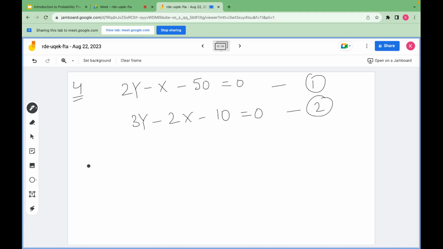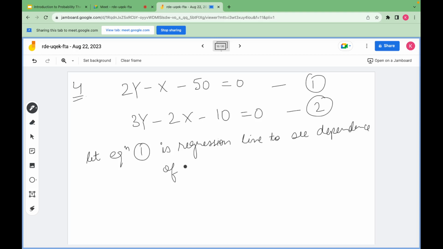So let equation 1 be the regression line to see the dependence of y on x. This is representing the dependence of y: 2y is equal to 50 plus x.